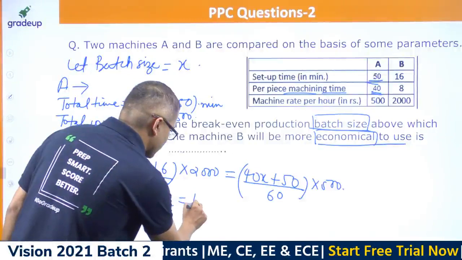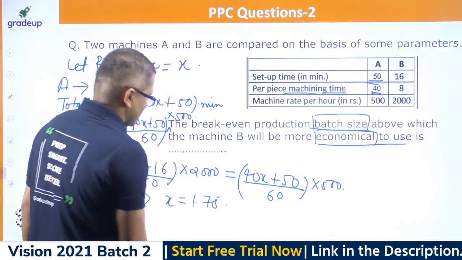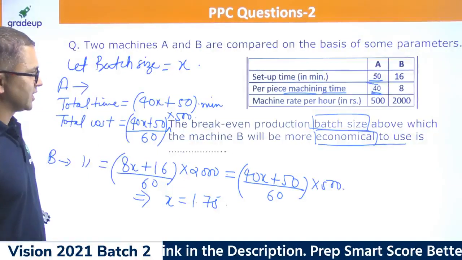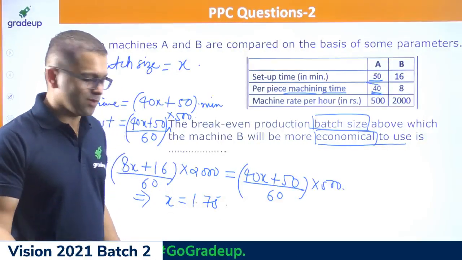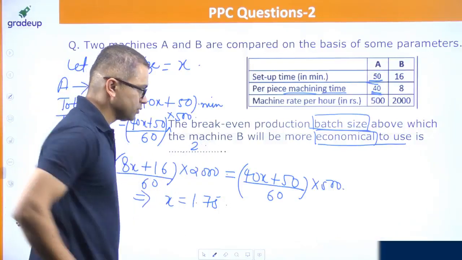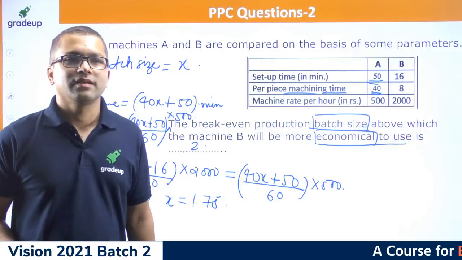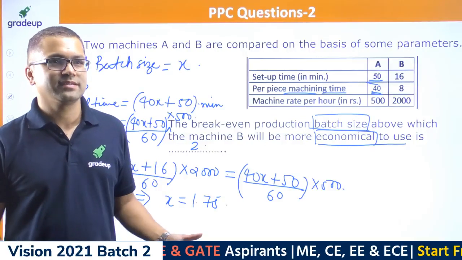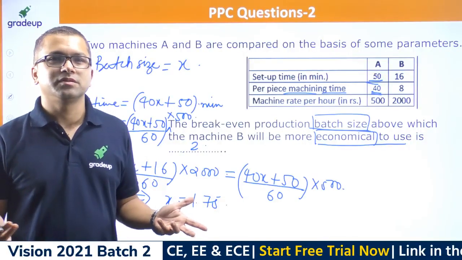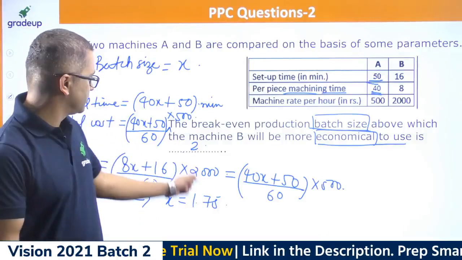X is nothing but 1.75, right? But can you have a 1.75 batch size? No, right? So the answer should be 2. It cannot be 1.75, right? Batch size. Can you have a batch size of 1.75? No, right? So it should be 2.